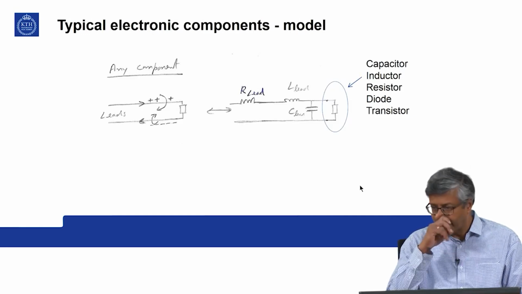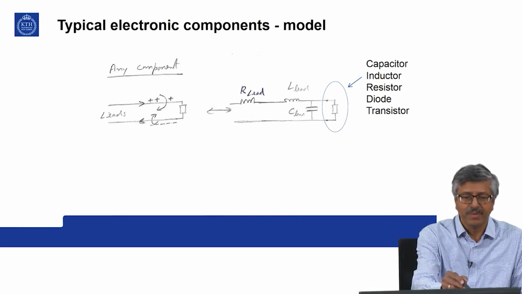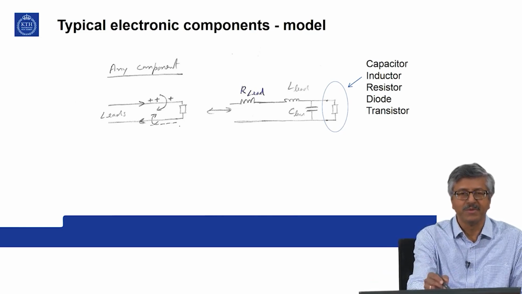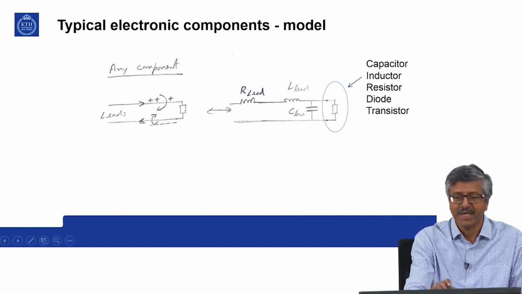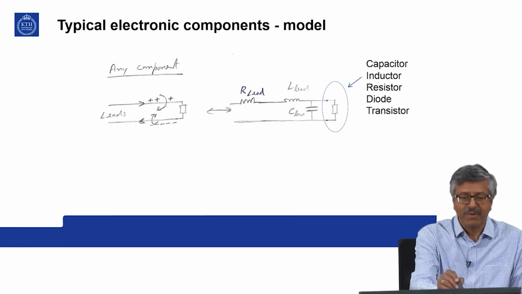Now, take any component. Usually this component will have some lead, which is in the form of a small round wire connected to the component. Then the moment you have conductors, we have seen in the previous module that it has some electric field around it, some magnetic field around it.